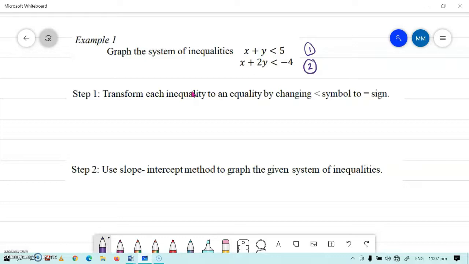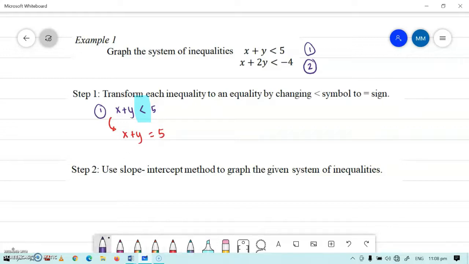So continuing with step 1, transform each inequality to an equality by changing the inequality symbol into the equal sign. Starting with inequality 1, x plus y is less than 5. Changing our inequality symbol into the equality symbol, we have x plus y is equal to 5.